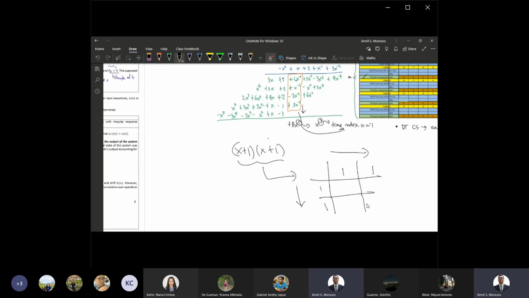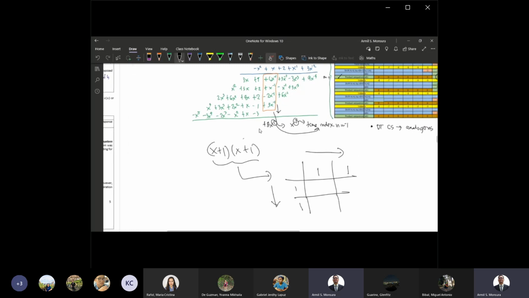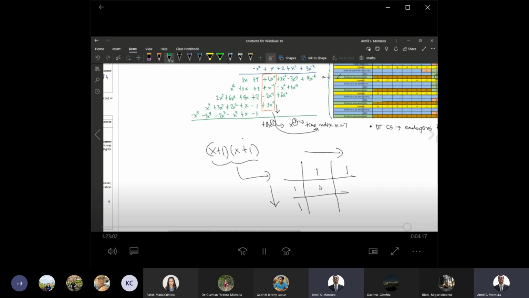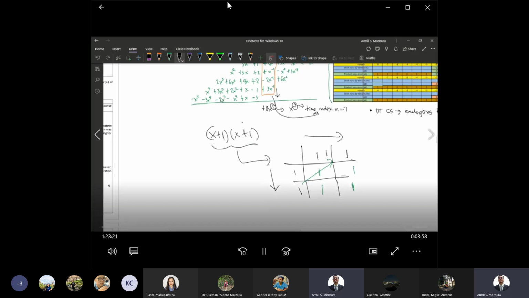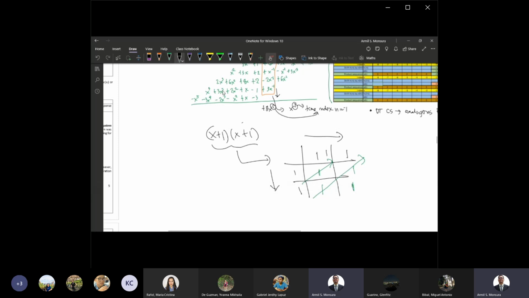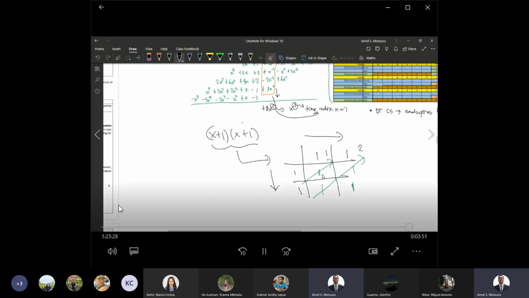Tapos gumagawa kayo ng multiplication table dito, such as 1 times 1 is 1, 1 times 1 here is 1, 1 times 1 here is 1, then 1 times 1 here is 1. Tapos ginagawa nyo to, yung diagonal addition. So, yung first diagonal sum nyo is 1. Tapos yung second diagonal sum nyo, okay, is 1 plus 1. So, that becomes 2. Okay. Then yung last diagonal sum nyo is 1.